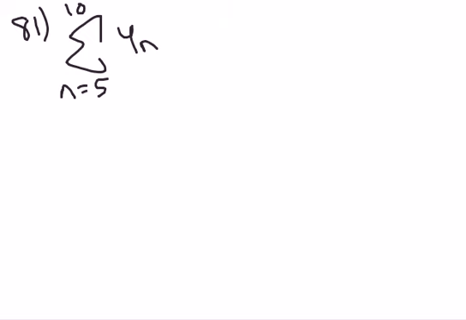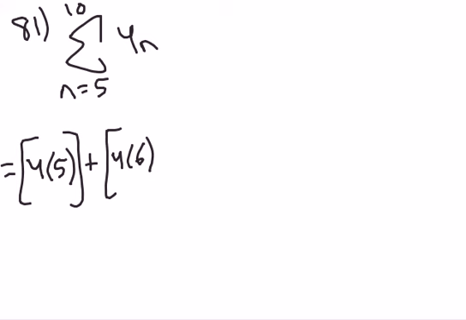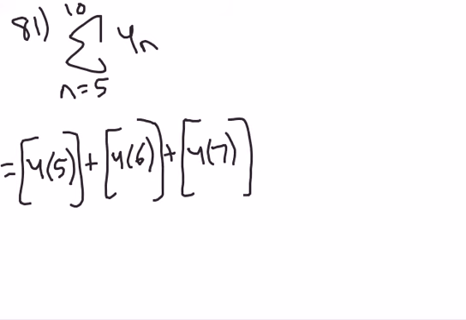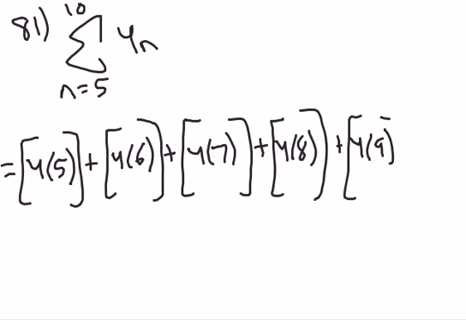Let's look at 81. Same idea, different formula. So going from 5 to 10, and 4n along the way. So this is 4 times 5 plus 4 times 6 plus 4 times 7 plus 4 times 8 plus 4 times 9 plus 4 times 10.